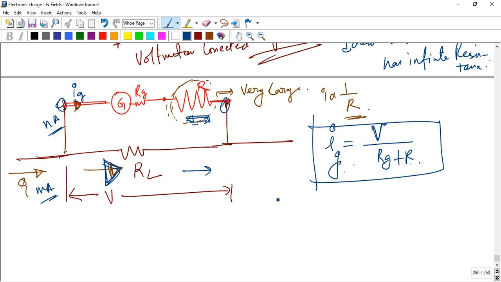Now here's another important concept: voltage sensitivity.